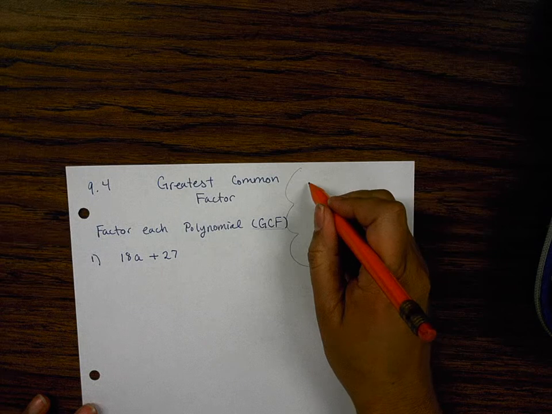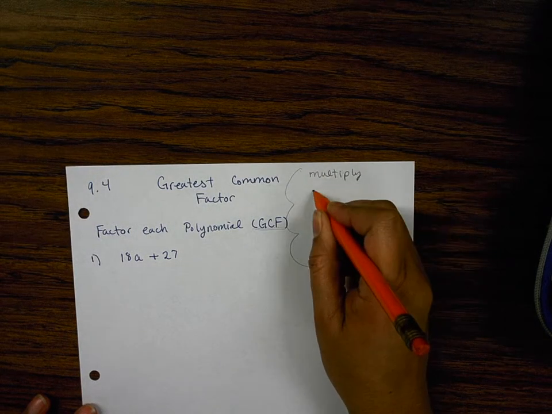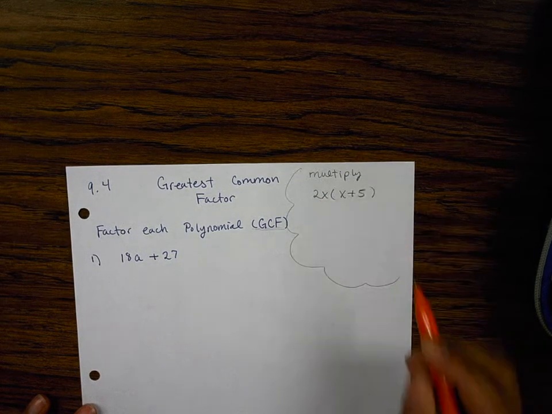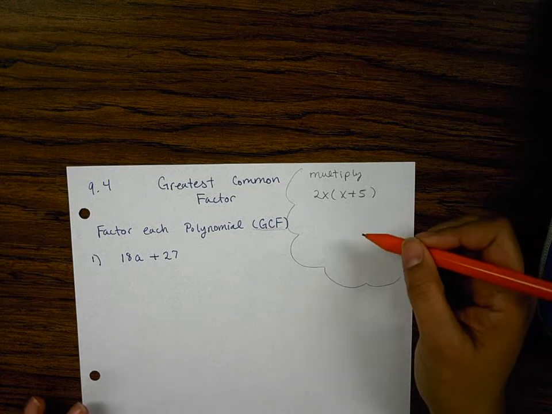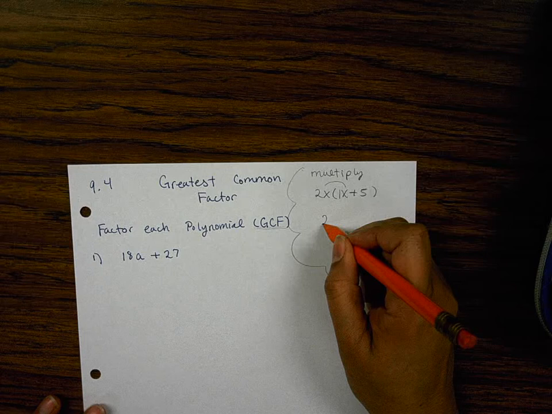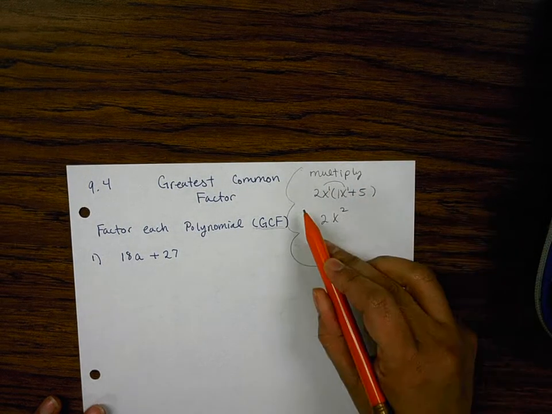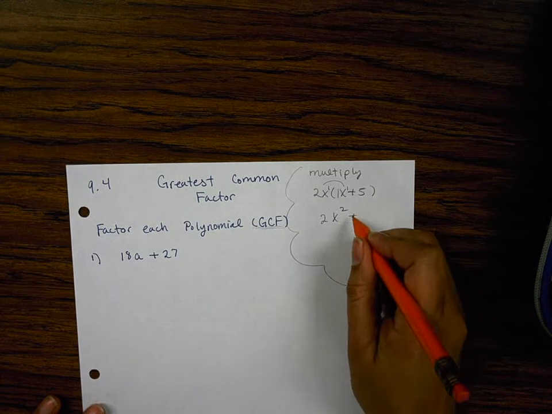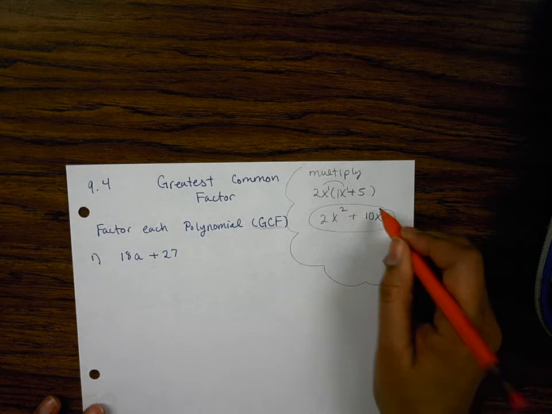If I gave you 2x parentheses x plus 5 and asked you to multiply, remember what we talked about in notes, you multiply the coefficients and add the exponents. 2 times 1 is 2, 1 plus 1 is 2, so 2x squared, plus 2x times 5 is 10x. And that would be your answer.